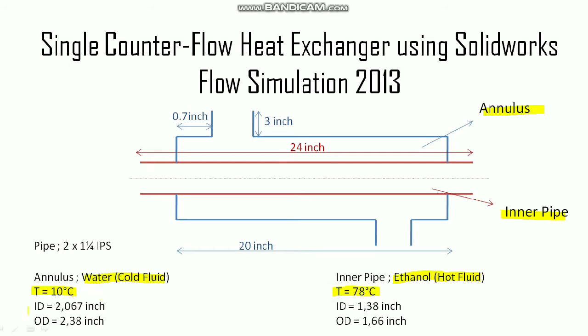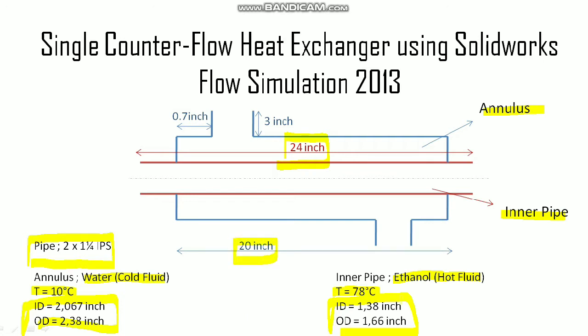The inside diameter and outside diameter of both the annulus and the inner pipe are based on the IPS number of the double pipe tube. And this is the data of the double pipe size. It has 24-inch length for its inner pipe, and 20-inch length for its annulus.